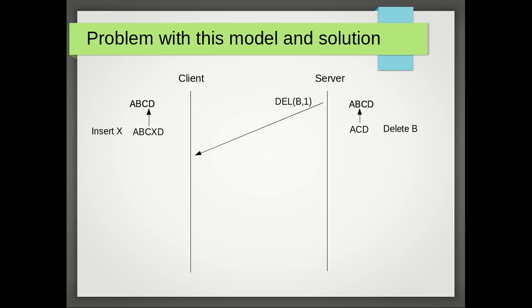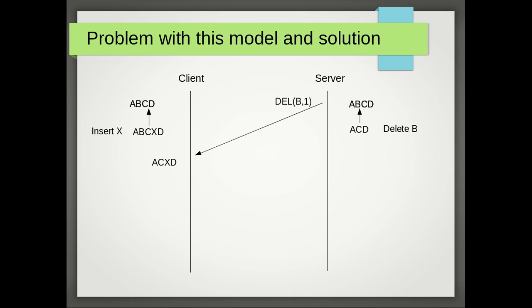So here the delete command is sent to the client. When this delete B comma 1 is sent to the client, it means after 1, delete B, so the client will change its copy to ACXD. That is ideally what should happen.